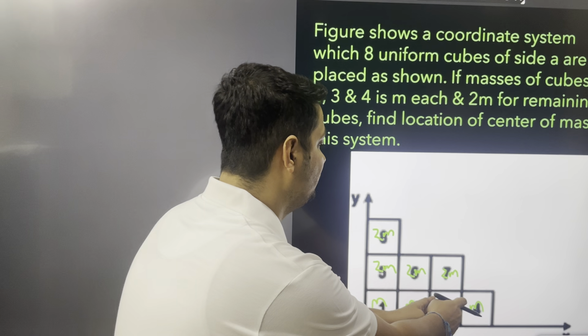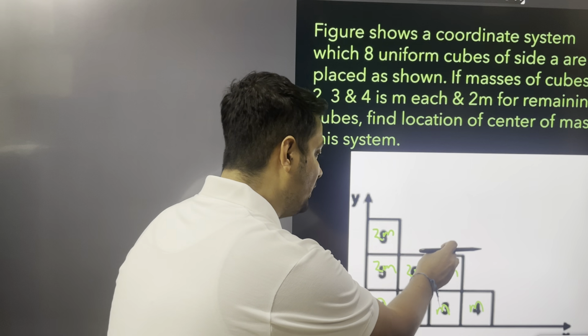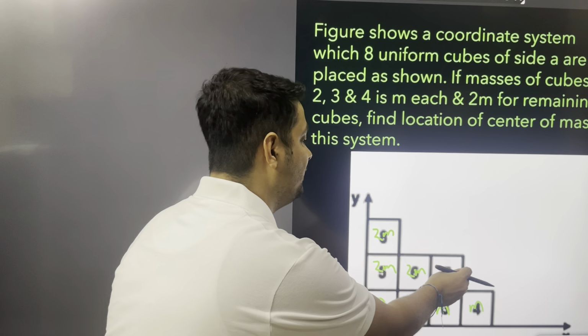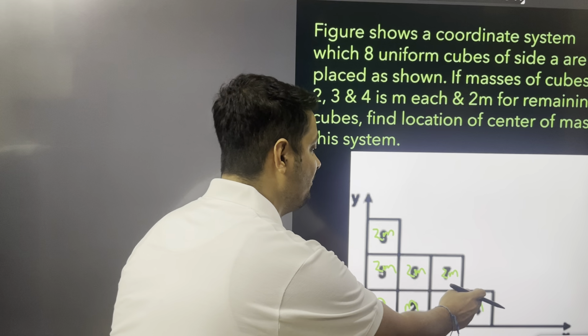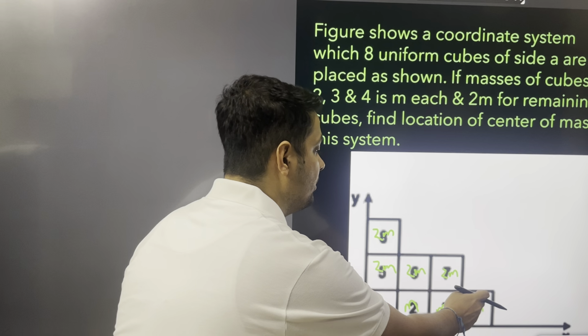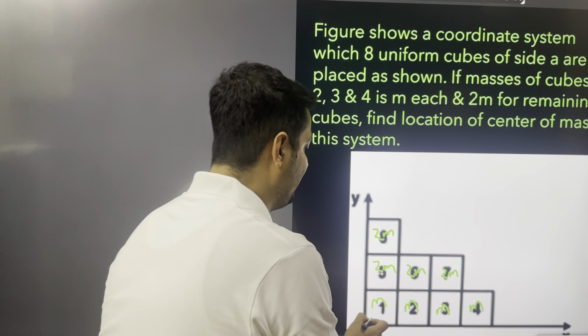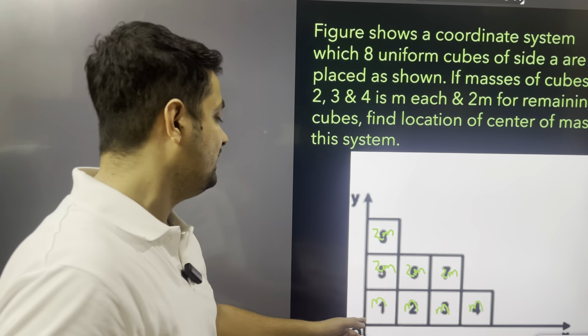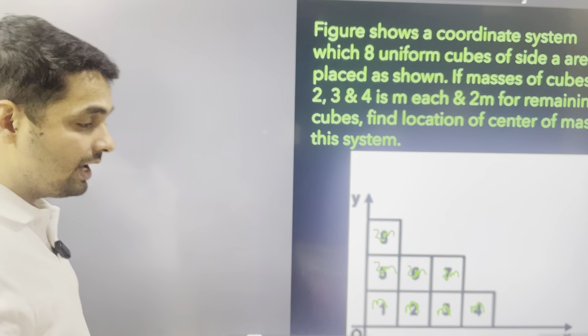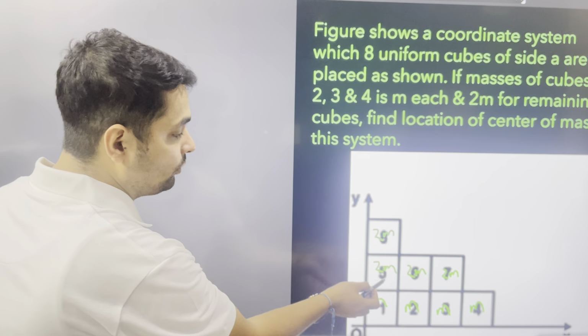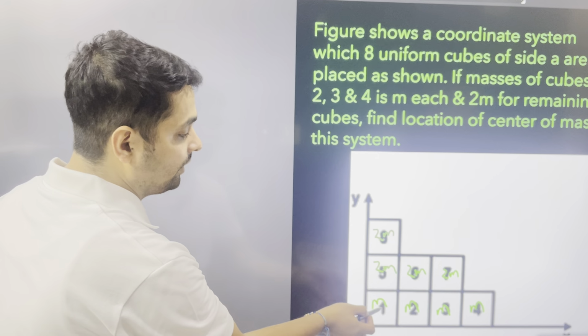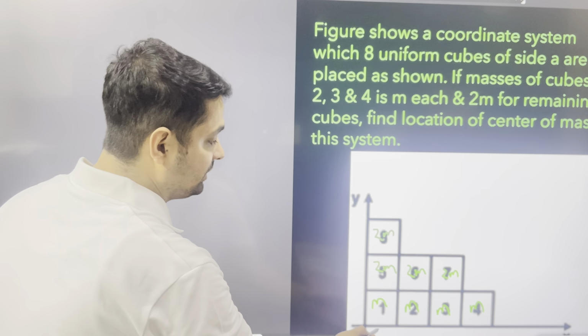Same with 2m plus m, 3m: the total mass 3m I will consider at the center of mass along the x-axis. In the same way, m is at the center of mass of its cube, and I will take positions from the origin, which is 0, 0. See here, 2m, 2m and m make 5m.